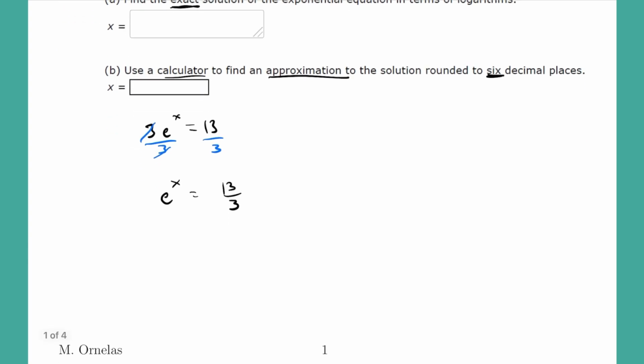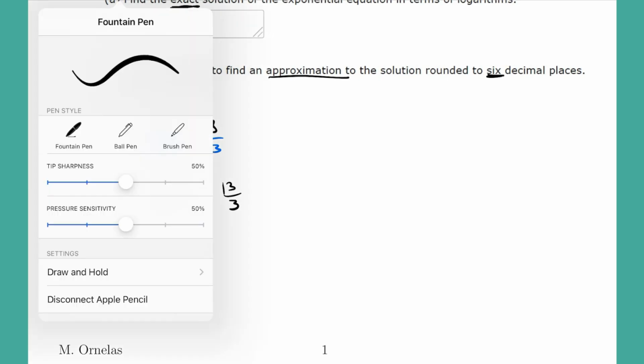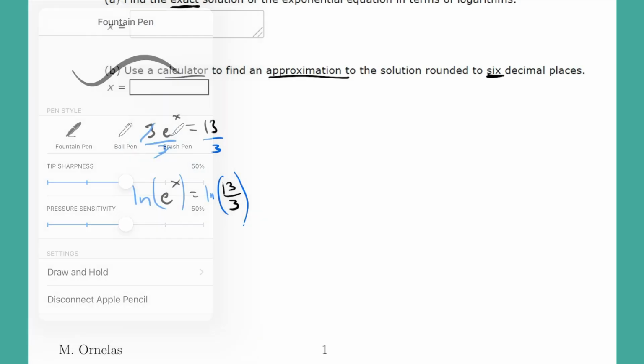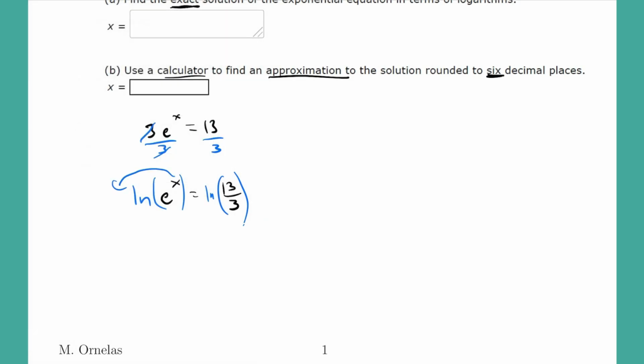And now in order to get rid of the e, we want to do the inverse of e, which is natural log. So we can do the natural log to both sides. And what happens here is the exponent will come down because of one of the properties of logarithms.